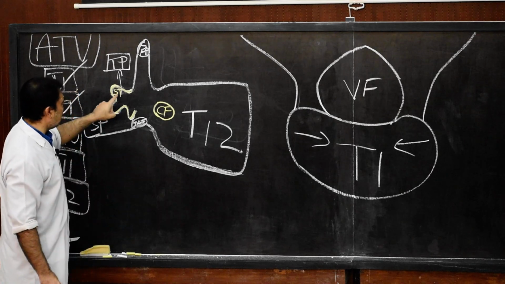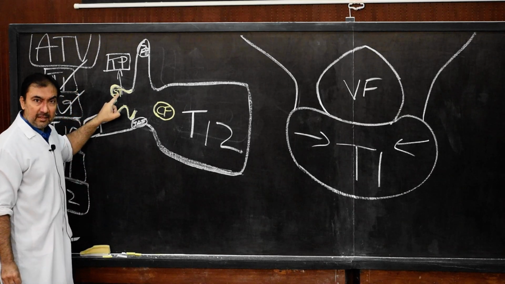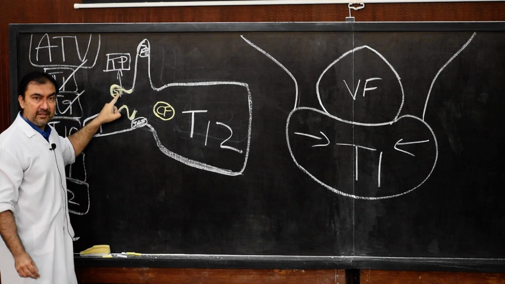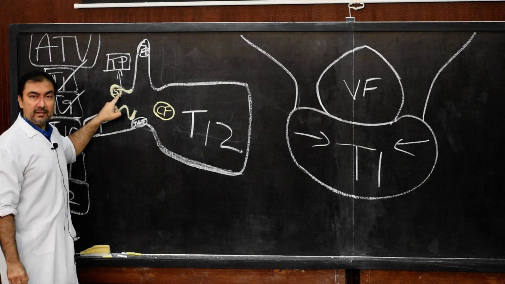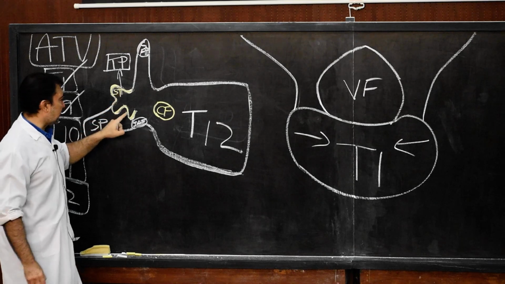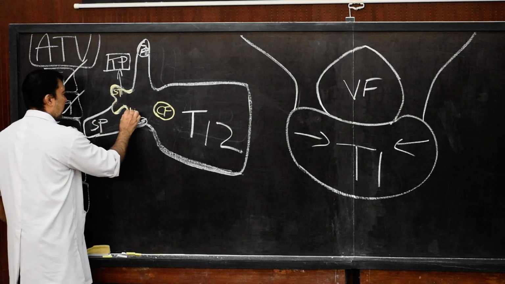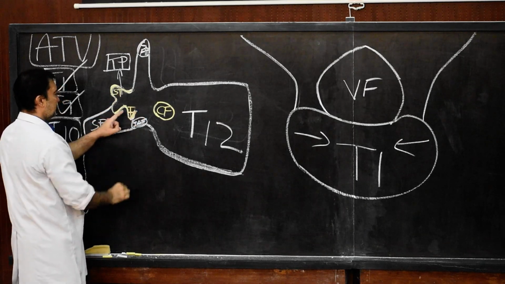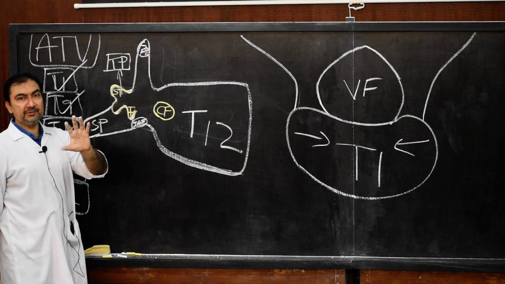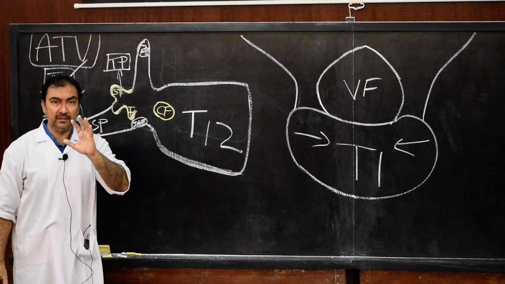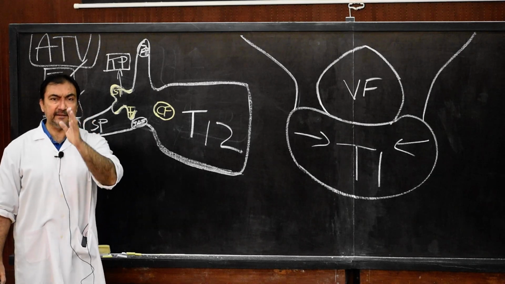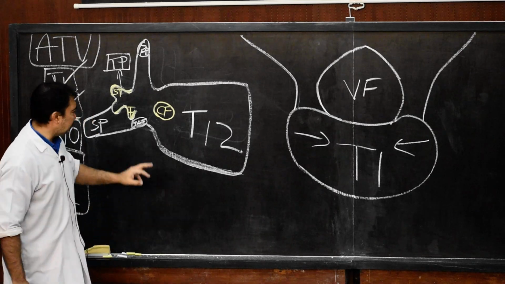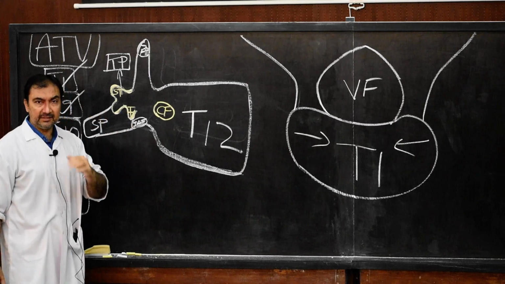So the superior tubercle of the transverse process of T12 will represent the mammillary tubercle of the lumbar vertebrae. The inferior tubercle, this portion of the transverse process of T12, will represent morphologically the accessory tubercle of lumbar vertebrae. Accessory tubercle of lumbar vertebrae, please note down.